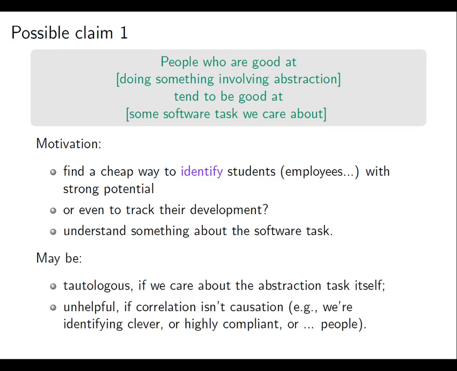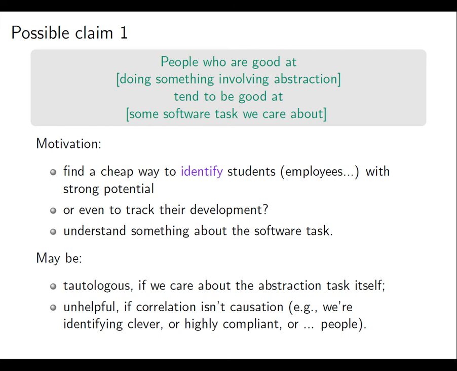We do have to be a bit careful, of course. It may be tautologous if we care about the abstraction task itself, and even more so, it may be simply unhelpful. So correlation is not causation. This is the absolute key thing to know in this whole field.